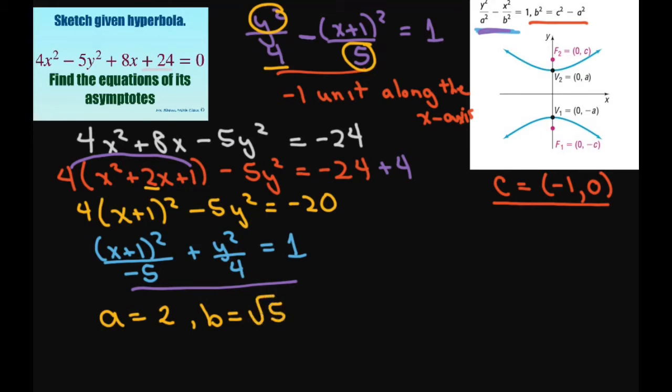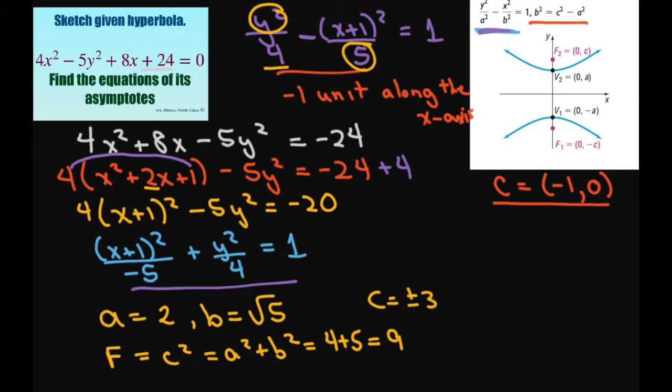So to get the foci, that's just going to equal c squared equals a squared plus b squared, which equals 4 plus 5, which equals 9. So c equals plus or minus 3. So let's write all this out. We're going to have the foci, and the foci is going to be on your y.